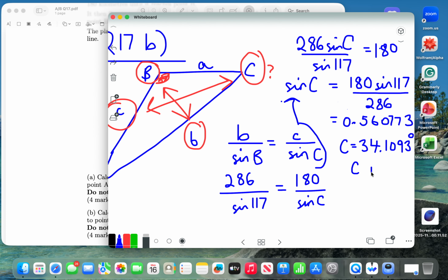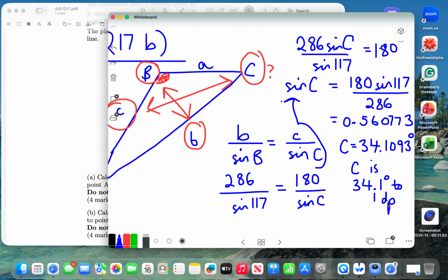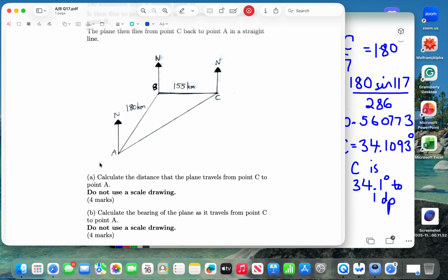We can say that C is 34.1 to 1 decimal place, because having 4 decimal places is possibly a bit too much. Now there's no direction given on rounding, so I think 1 decimal place is the best option.